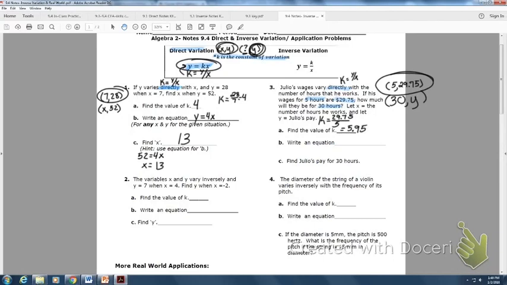Again, it asks for the equation, so I'm going to write y equals the k value, which on this one is 5.95 times x. And since it gave me the x value, this one's going to be pretty simple. I'm just going to do 5.95 times 30. And that would tell me that he would get paid $178.50.